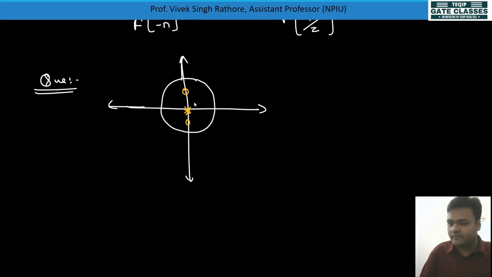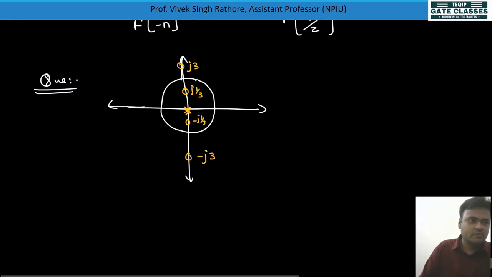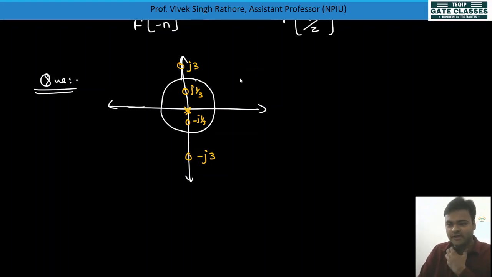Let's suppose their values are j 1 by 3 and minus j 1 by 3. And one pole is here and one pole is here, and their values are j3 and minus j3. So this pole zero plot has been given in your question of Z transform.